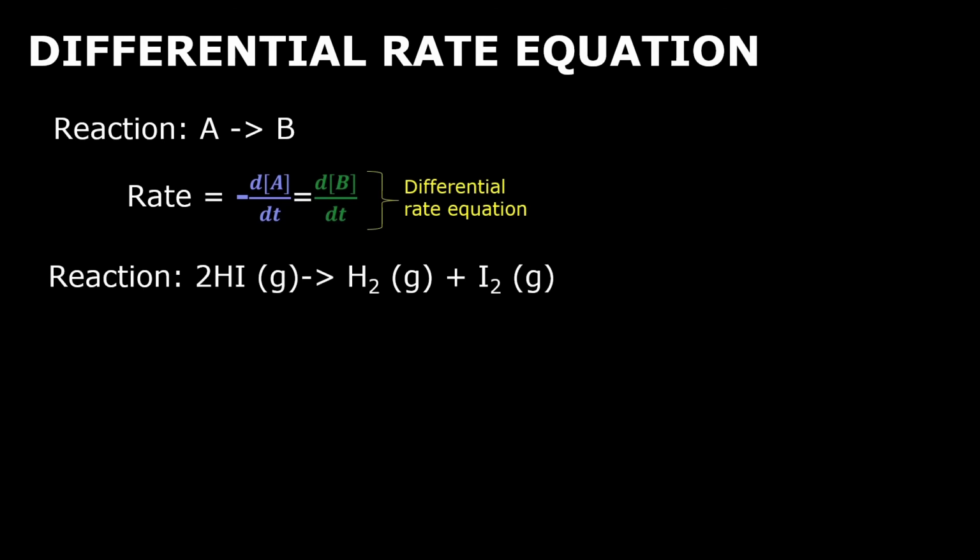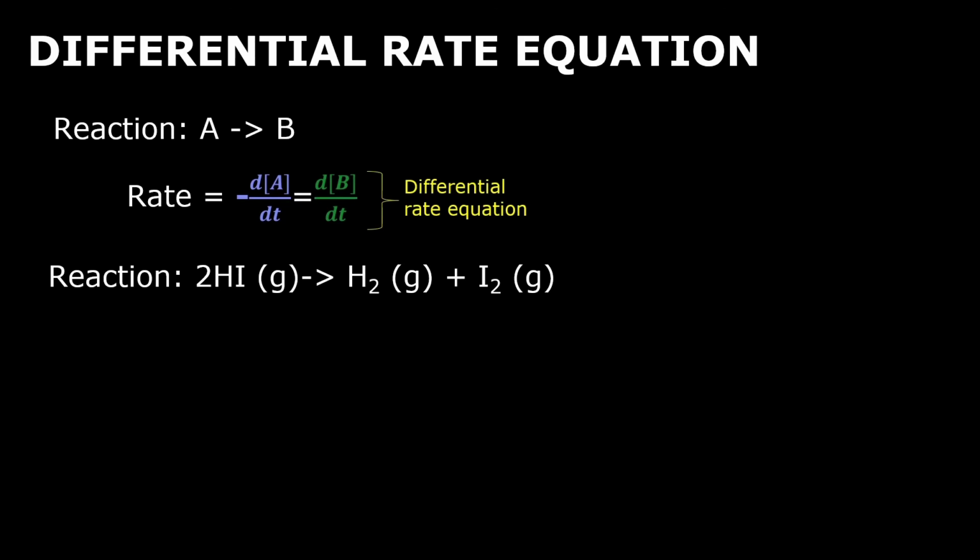For example, in a reaction where 2 moles of hydrogen iodide gas are decomposed to 1 mole of hydrogen gas and 1 mole of iodine gas, we can see from the balanced chemical equation that the rate of appearance of product hydrogen gas or iodine gas is always half the rate of disappearance of reactant hydrogen iodide.